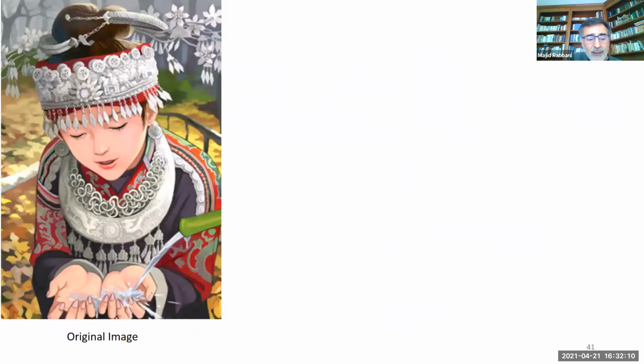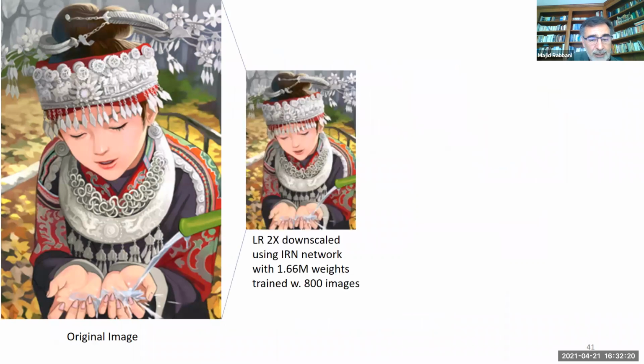Okay, so now let's look back at this. You've already seen this example one more time, but now you probably will see it with a different eye. Okay, so we start with an original image. We downsample that image with an encoder network, okay, with an IRN network that has been trained with a footprint of only 6 megabytes and only been trained on 800 images.